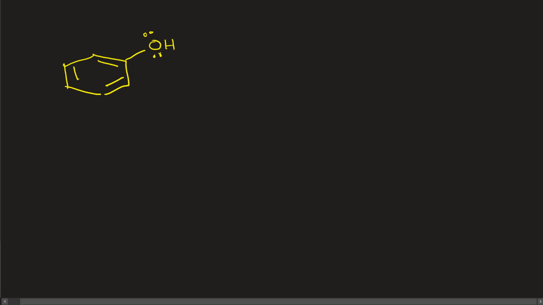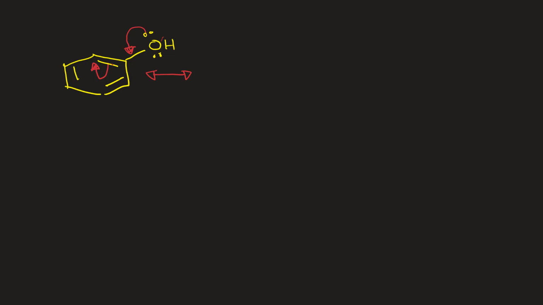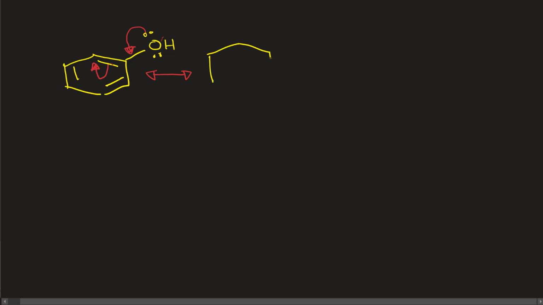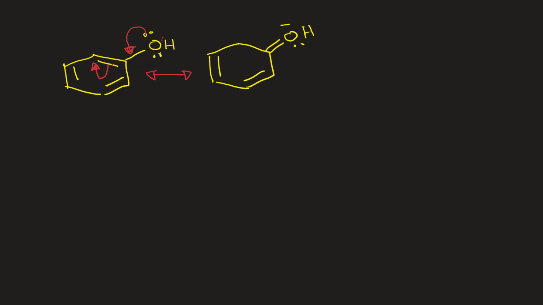In phenol, the lone pair on the oxygen can move and the pi bond opens up to the ortho position, right? And then the next structure, with the double-headed arrow, has a double bond to oxygen now, the hydrogen stays the same, and there's a positive charge created on the oxygen. The 2 other pi bonds are untouched, and this pi bond opened to the ortho position, so it's negative.